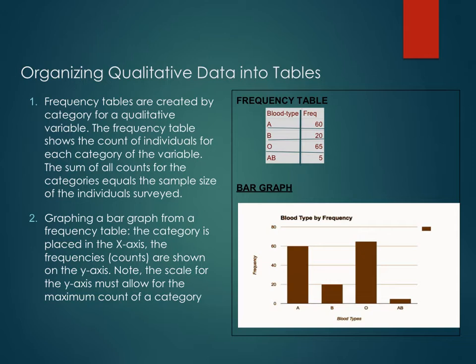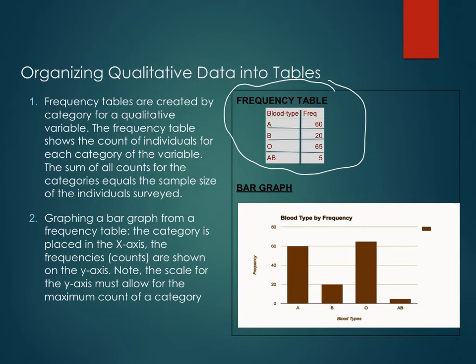Before we get to actually creating the bar graph, we want to organize our qualitative data into tables. To do that, we create what's called a frequency table. Here it is. In the first column, we have the categories of interest of our variable.